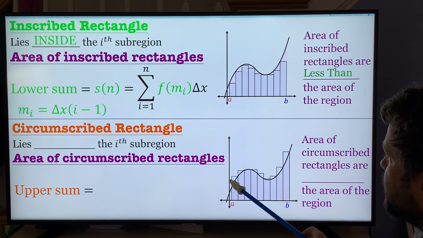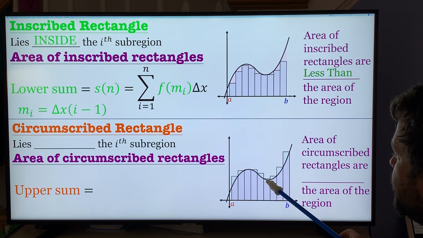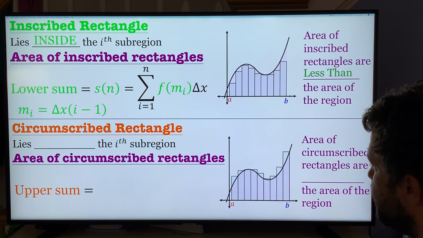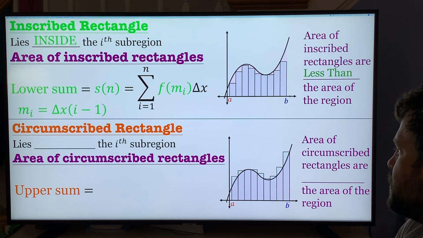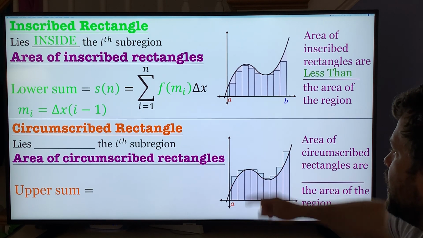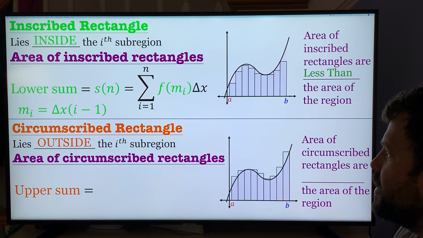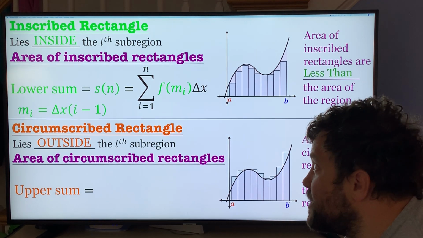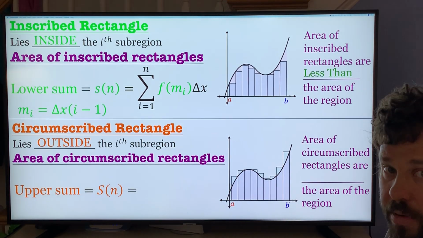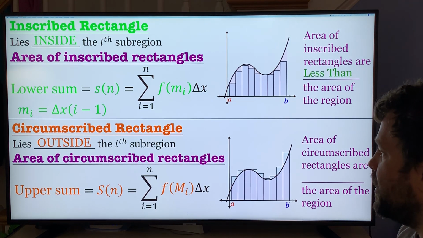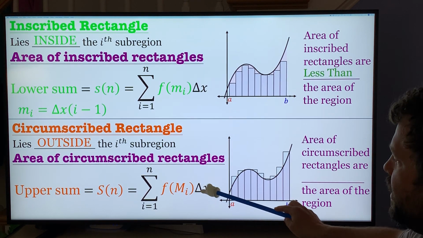Circumscribed is all the rectangles above. Okay? So they're the rectangles above the graph. Right? That lies outside the i-th subregion. Area is capital S of n equals the sum from i equals 1 to n of f of M i delta x.